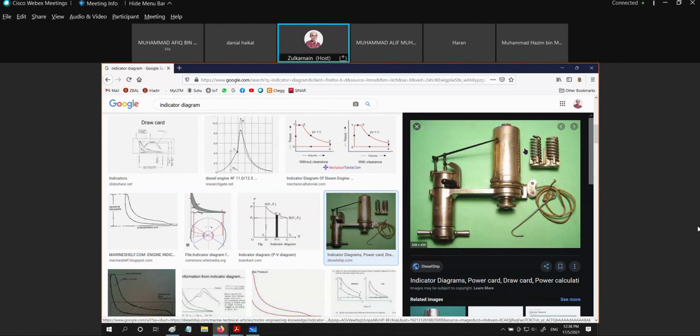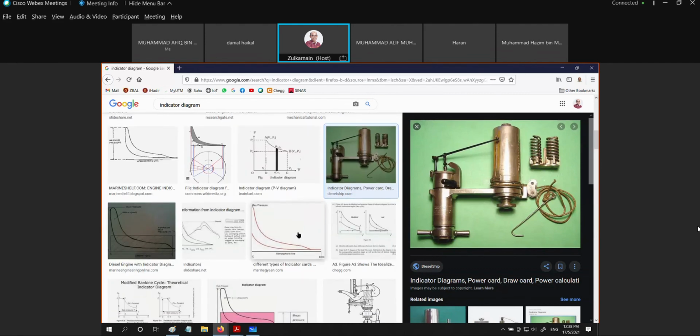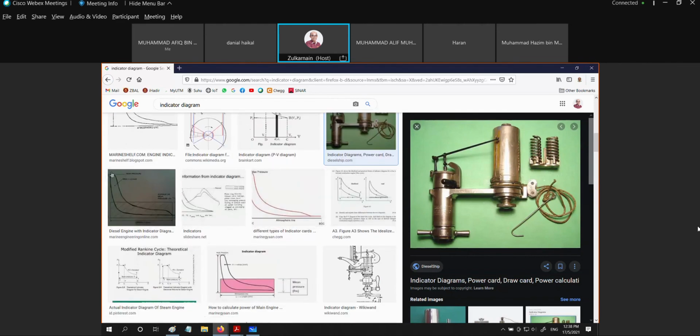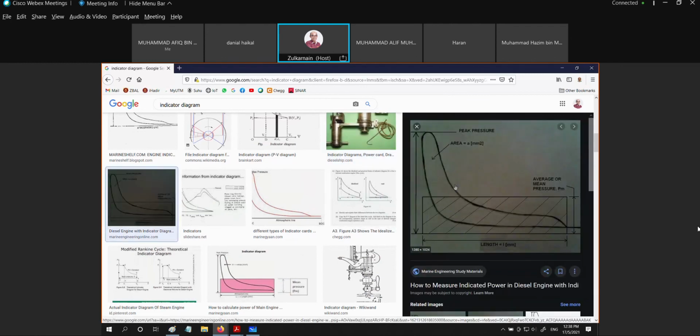Okay, the spring constant. And then with the aid of what is called the planimeter, we could get the area of this indicator diagram, and we could convert the indicator diagram into a rectangle which represents the MEP. We are not going to measure during the exam, but what we are going to give you is the value of area, which we get from a device called the planimeter.